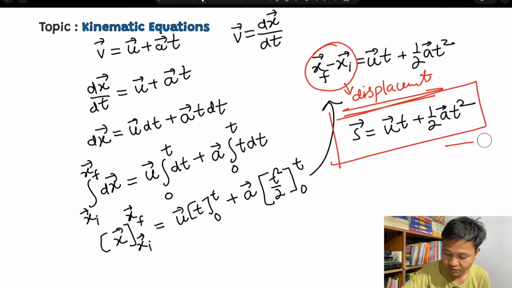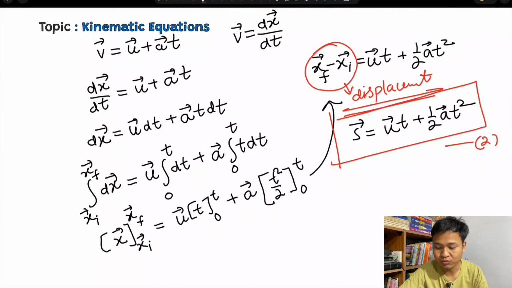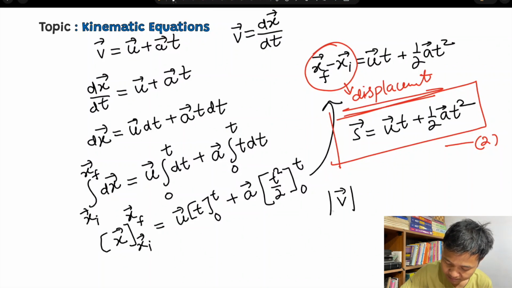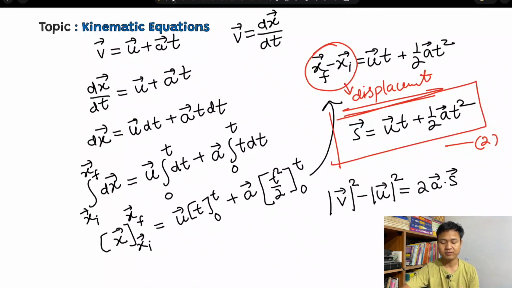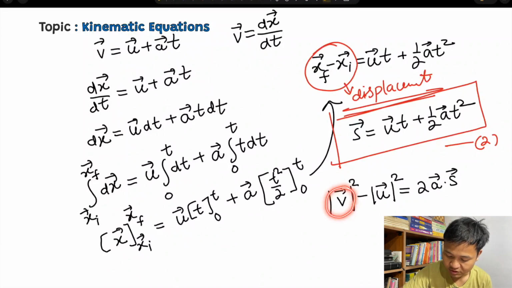If from equation 1 and 2 you eliminate t, you get the third equation: v² − u² = 2a·s.